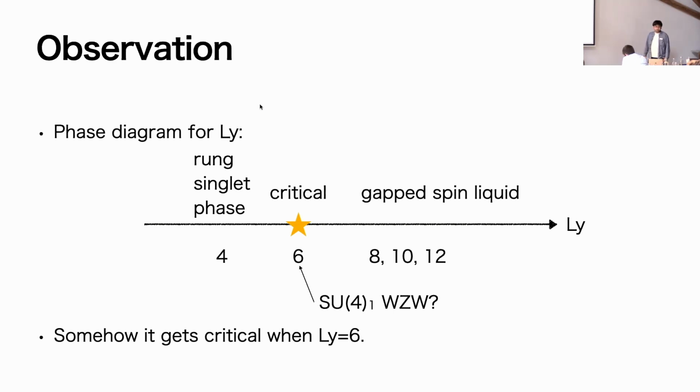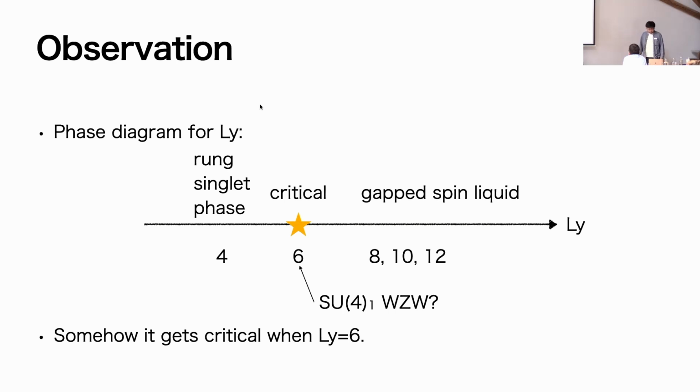If Ly is 4, we see a Lang singlet phase, and then by increasing Ly, there is a phase that functions as a 1D system, and at Ly equals 6 it gets critical, and eventually we can get the gapped state over the larger values of Ly, 8, 10, 12.